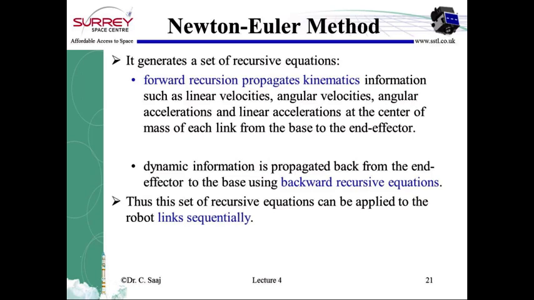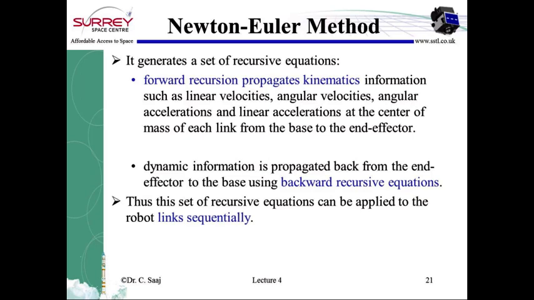So in the Newton-Euler method, we use a set of recursive equations. The forward recursion method is used to propagate the kinematics information, that is the information on the linear velocity, angular velocity, linear acceleration and angular acceleration with respect to the center of mass of each link.